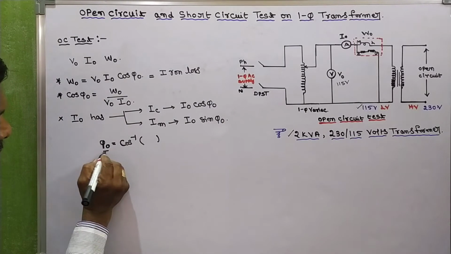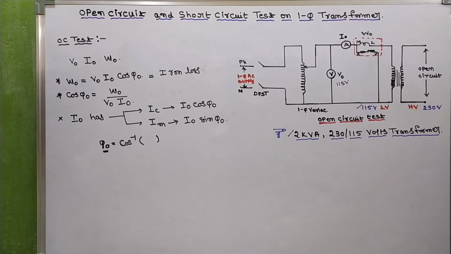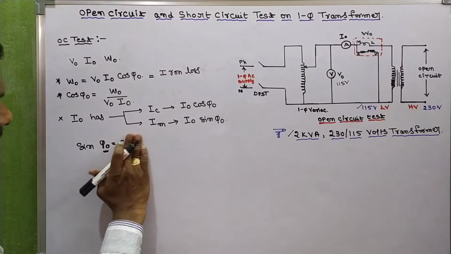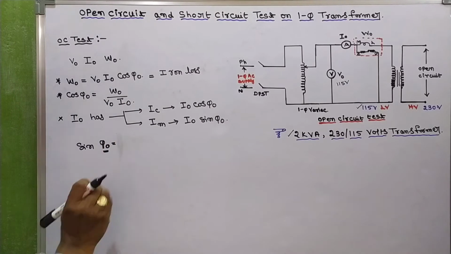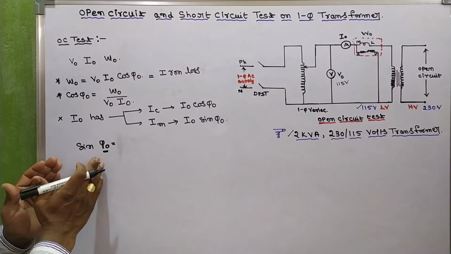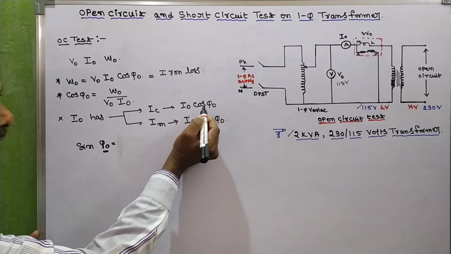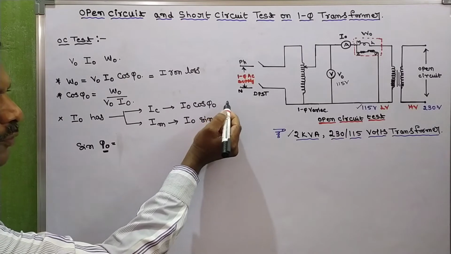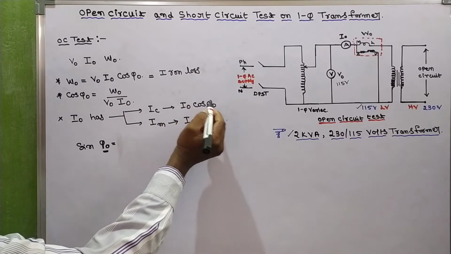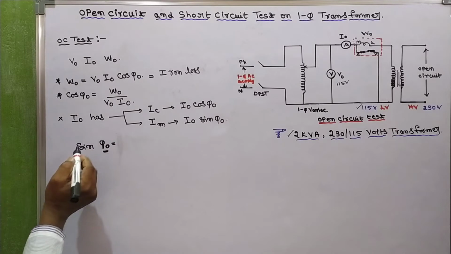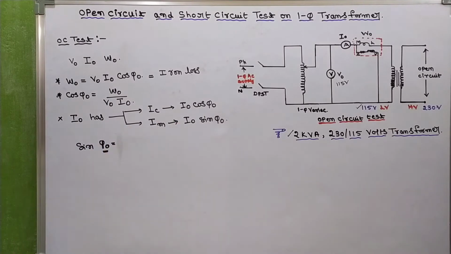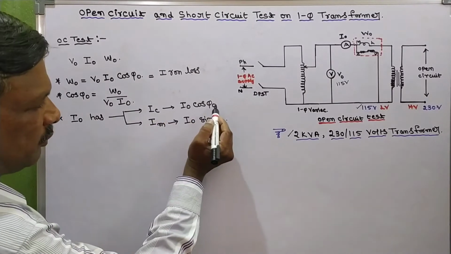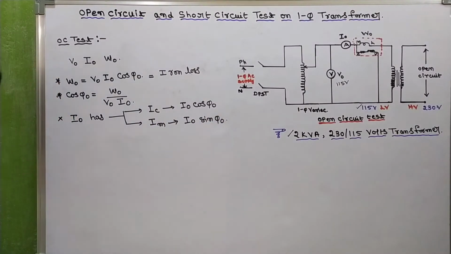So when you calculate phi naught, put sine in front of phi naught, and we get sin phi naught. So in this way we are going to calculate I0 cos phi naught and I0 sin phi naught.